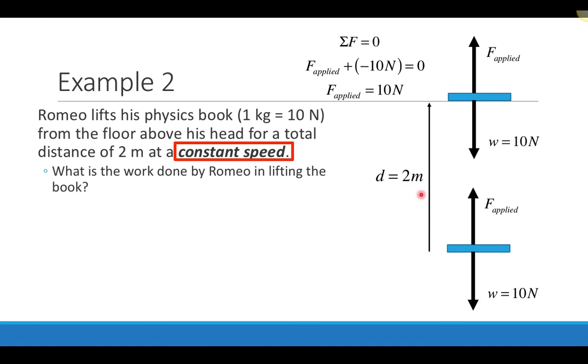That work is going to be a positive value because you're actually helping the book move. So the work done by the applied force is just the applied force times the distance. The applied force is 10 newtons, and the distance is 2 meters. So force applied, distance, and it gives us 20 joules.